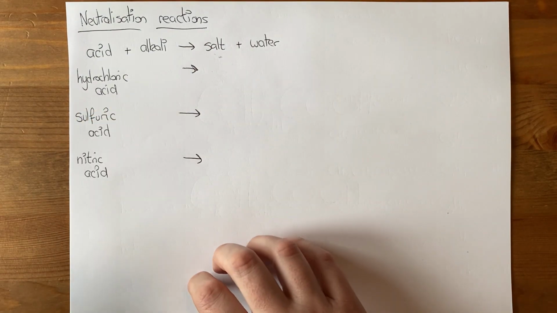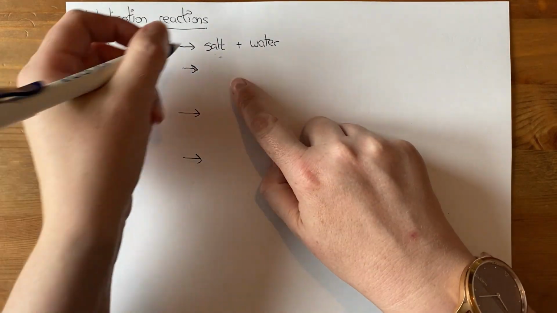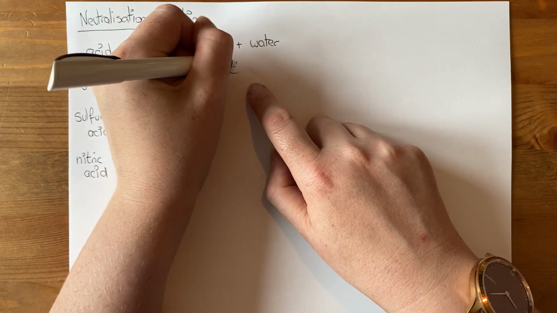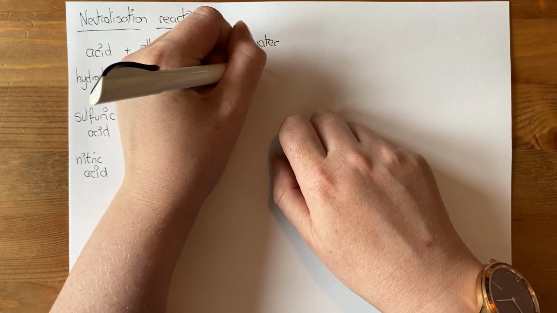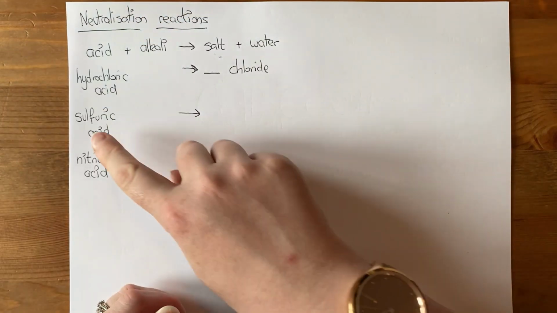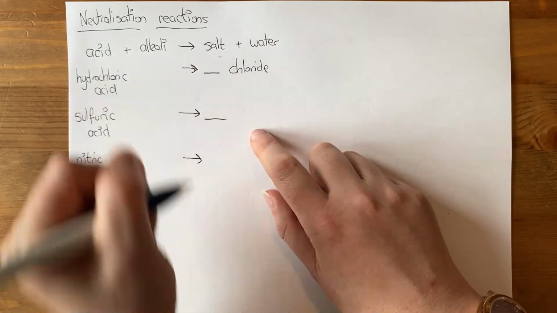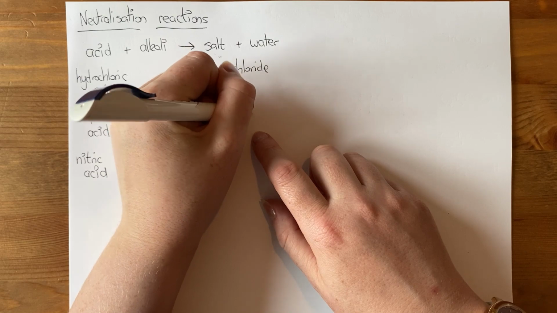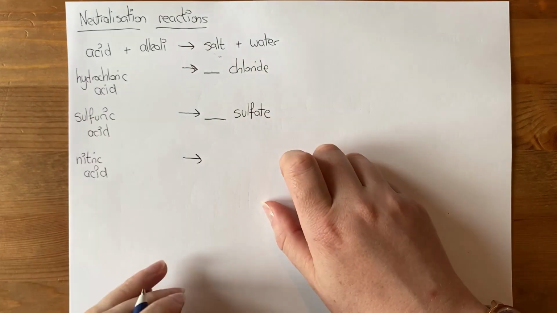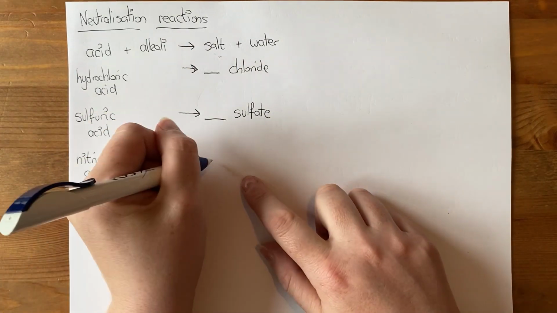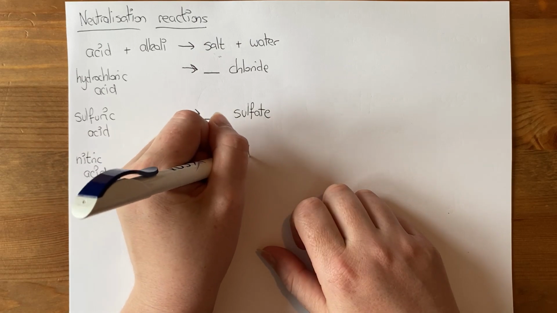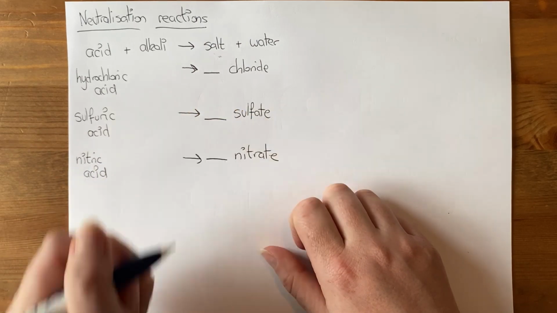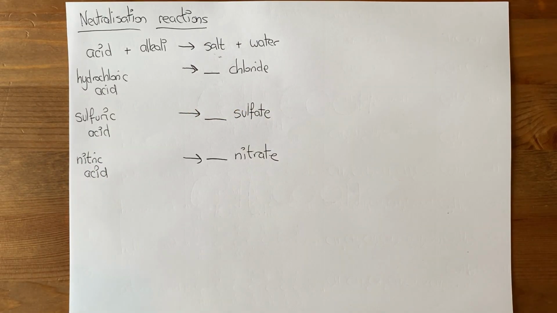So you should know from Unit 1 that hydrochloric acid is going to make something chloride. You should know that sulfuric acid in a neutralization reaction is going to make something sulfate. And you should know that nitric acid is going to make something nitrate. That is the type of salt.